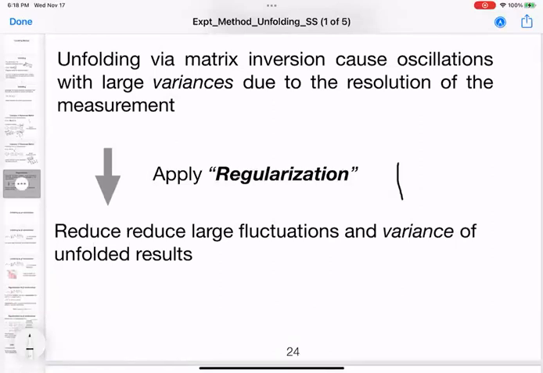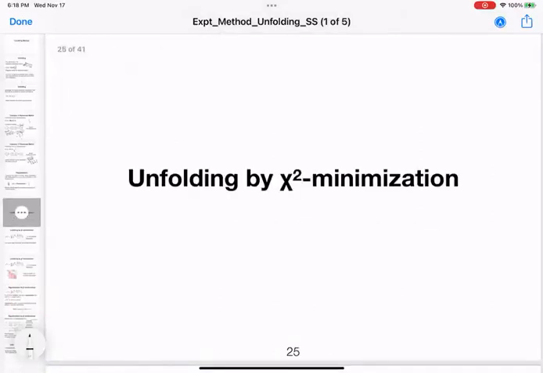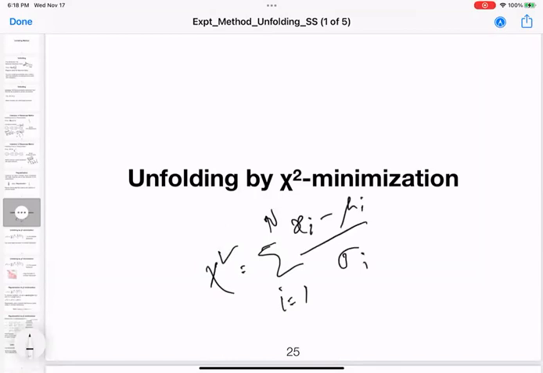In unfolding, there are various ways we can do the unfolding. One of the methods is known as chi-square minimization. In general, chi-square is defined as the sum over i equal to 1 to n, where xi are observations, mu is the average of that, and sigma i is the error; we take the square of this as chi-square.